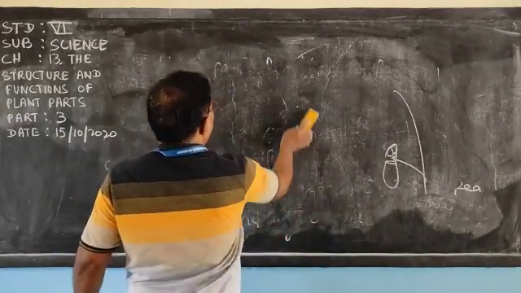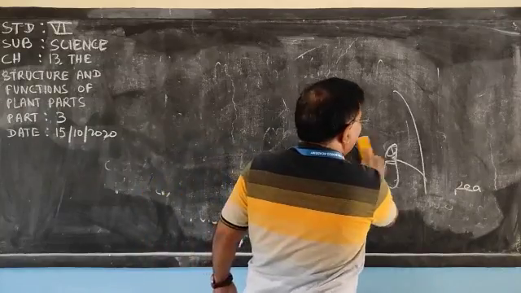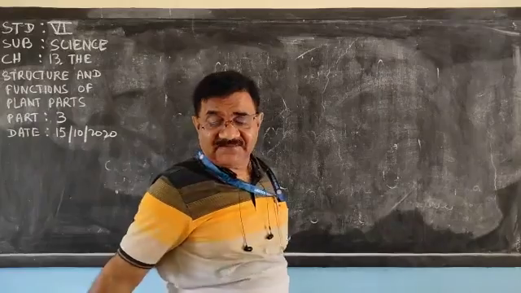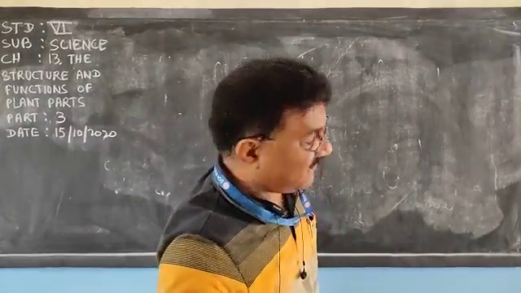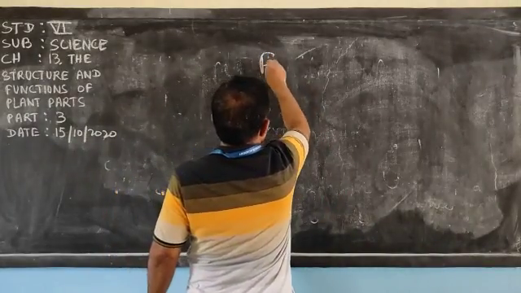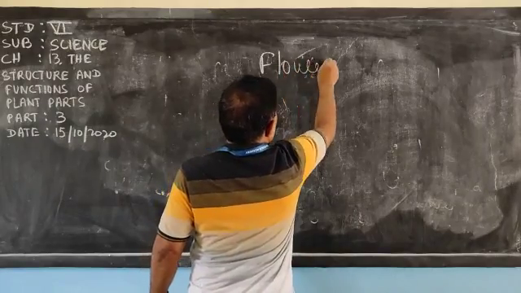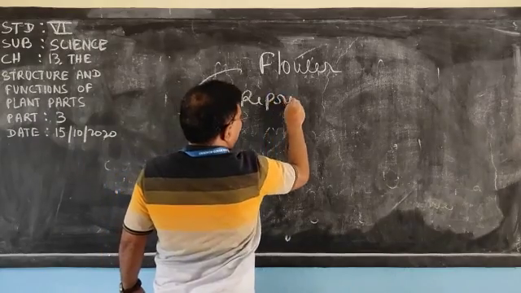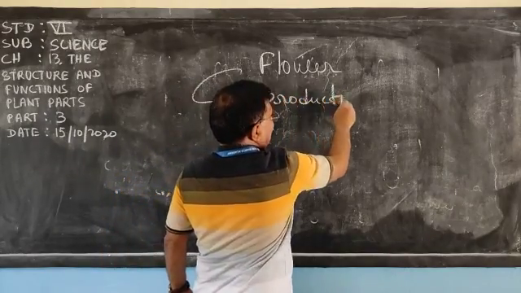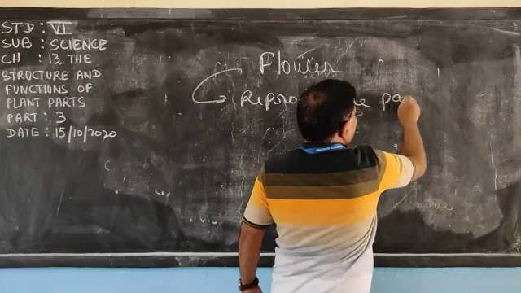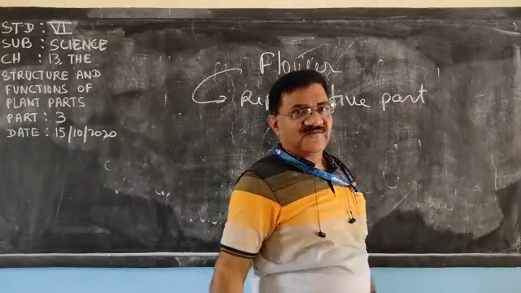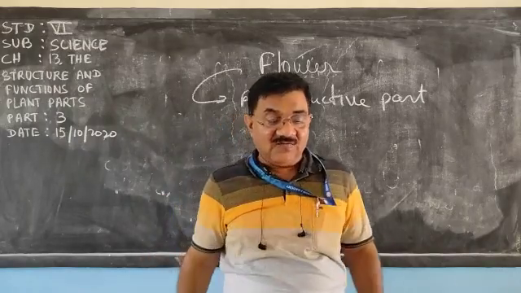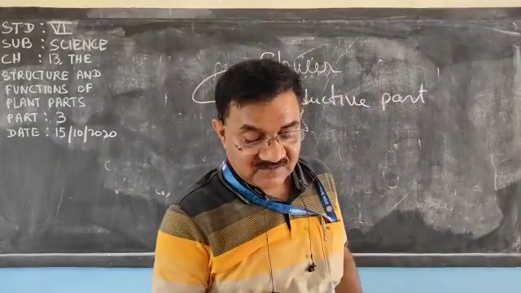Now coming to the next part of the plant, we have understood about the root, stem and leaf. Now coming to flower. What is a flower? It is the reproductive part of the plant. Flower matures, grows to form seed and fruit, and by that a new plant is formed.